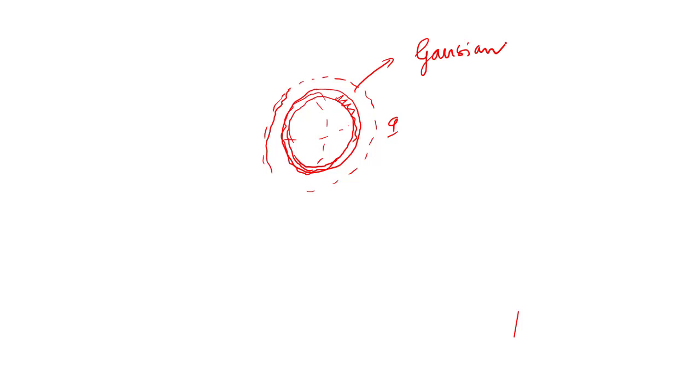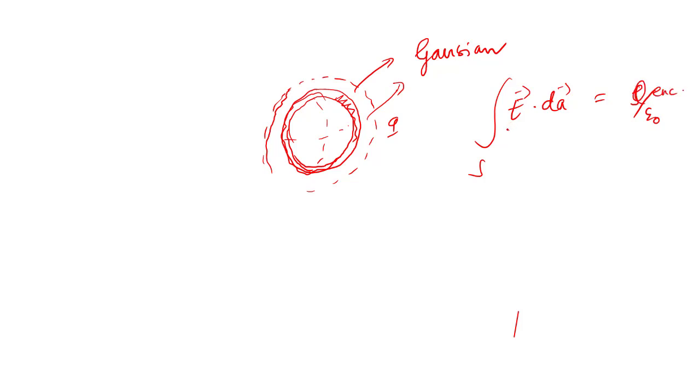So from Gauss's law, if I do the integral of E dot dA over this Gaussian surface that I showed by the dotted lines, then that should give me the total charge enclosed by epsilon naught.